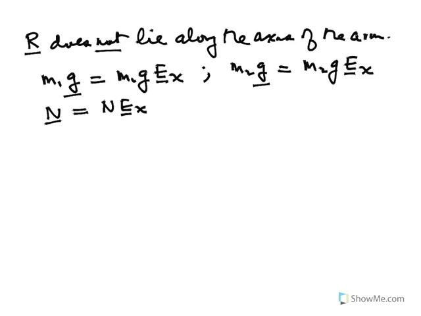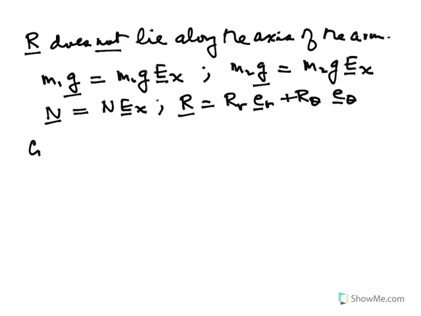But the last force is the one that we have to be careful about. R actually lies in the direction of, it's got two components. It's got an er component and an e theta component because it doesn't lie along the er direction, because er is along the arm, and I said it doesn't lie along the axis of the arm because it doesn't satisfy the strong form of Newton's third law.